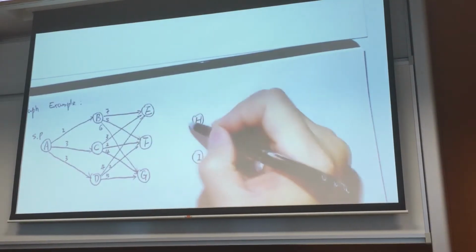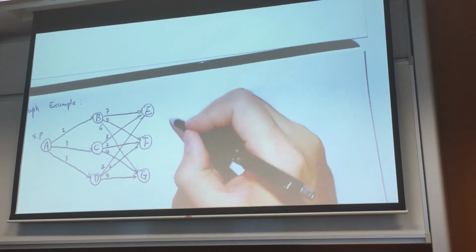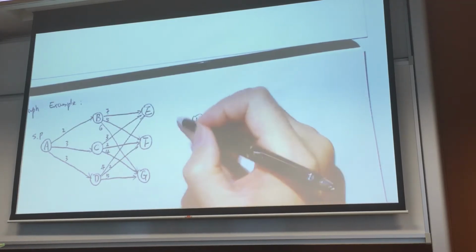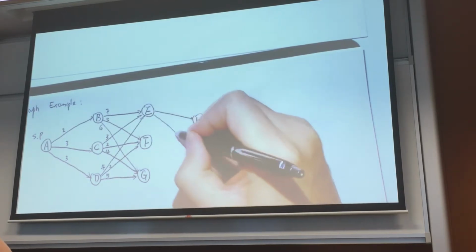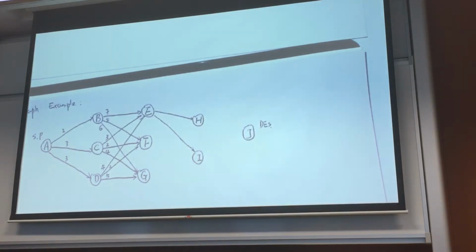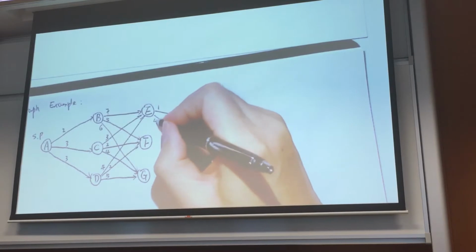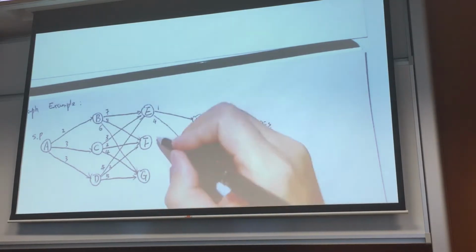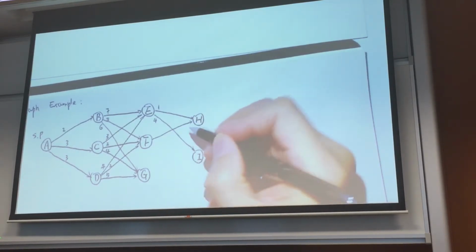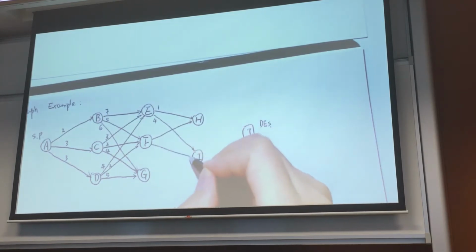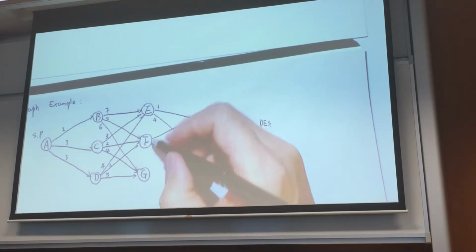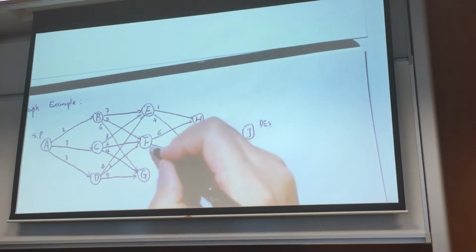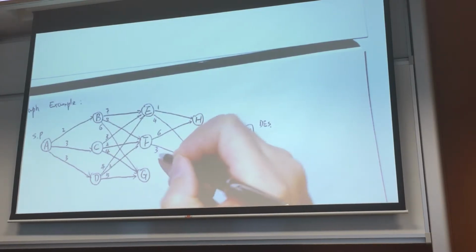In the next stage, from E, we have links to H and I. The distances are 1 and 4. From F, we go to H and I. The distances are 6 and 3.